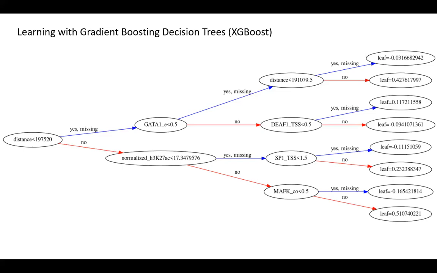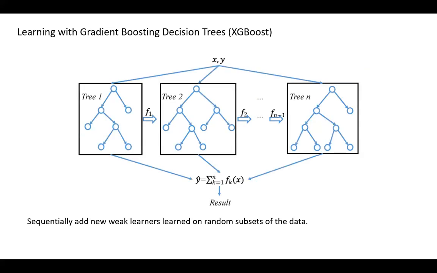But the reason why it is effective is that it doesn't try to learn one tree. It tries to learn many, many trees. And we call this ensemble method. It tries to learn many weak trees. Weak trees meaning that it's only a little bit better at making the decision than your random choice.